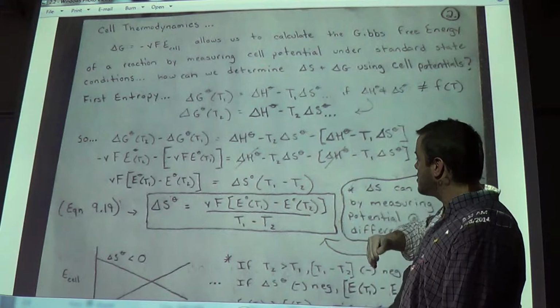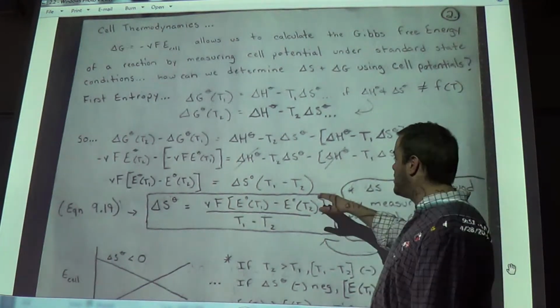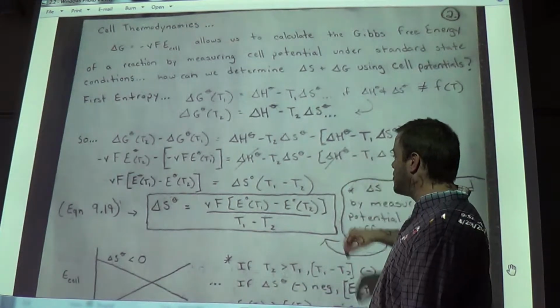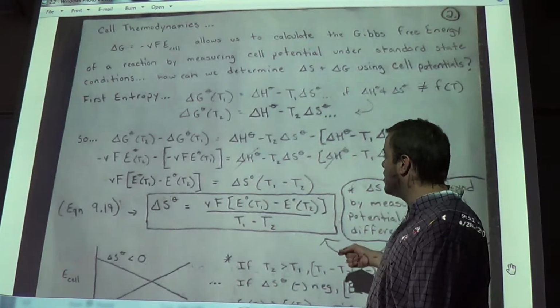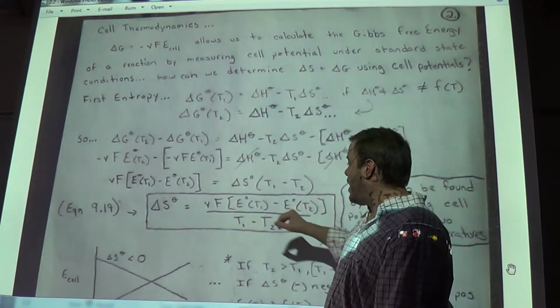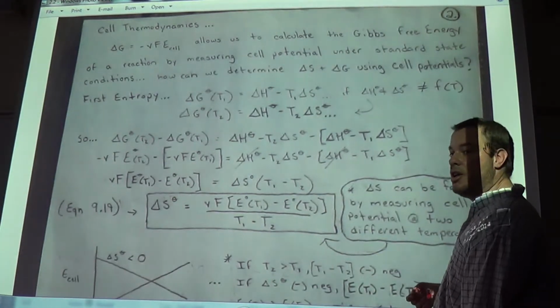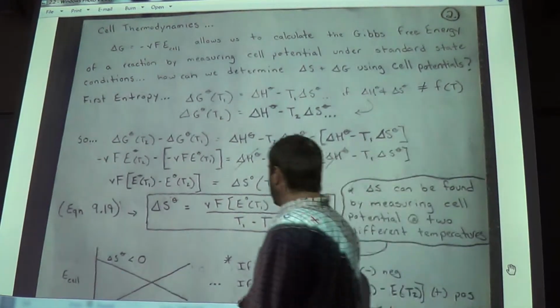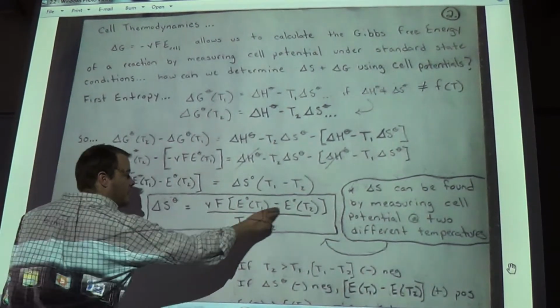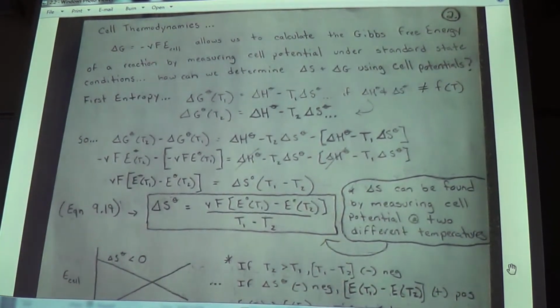The delta H naughts of the reaction cancel because they don't change and they're not multiplied by temperature, but the delta S's, which are both multiplied by temperature in the delta G equation, end up staying in the equation. And so we get a relationship for delta S in terms of the cell potential. Delta S of the reaction is VF times the difference between the cell potential measured at one temperature and the cell potential measured at another temperature.